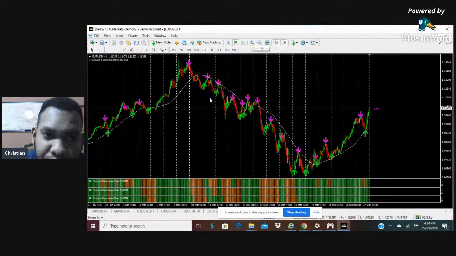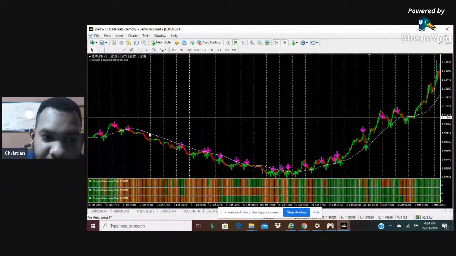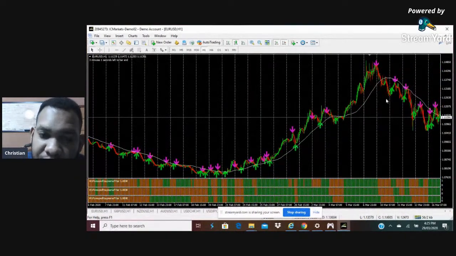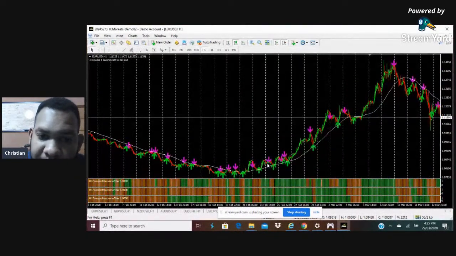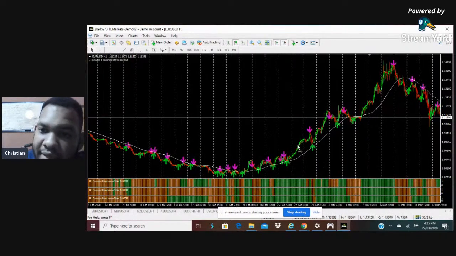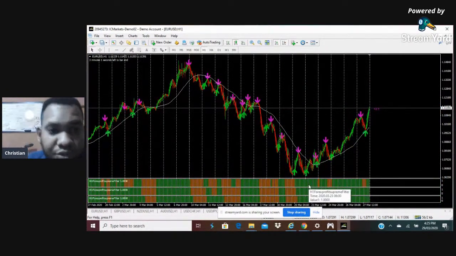So you would see from here was a downtrend and here was an uptrend. Now, if the candlesticks are above the 50 moving average, it will be an uptrend. And if it's below the 50 moving average, that is a downtrend.